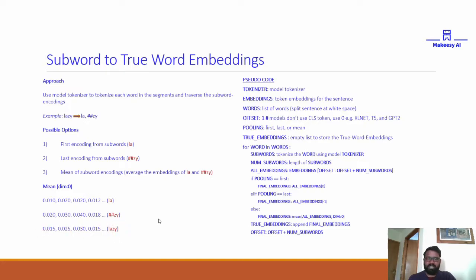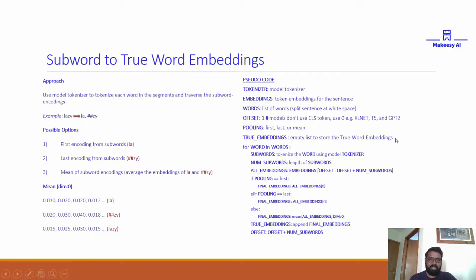Okay, and here is a simple pseudocode that you can think of. For doing that, you need the tokenizer that is used in the model, and then you need to have the embedding of all the segments. Okay, so in this case, we are considering just one sentence, but in implementation, we will see how we can iterate over all the sentences and embeddings and get the true word embedding for all the sentences.